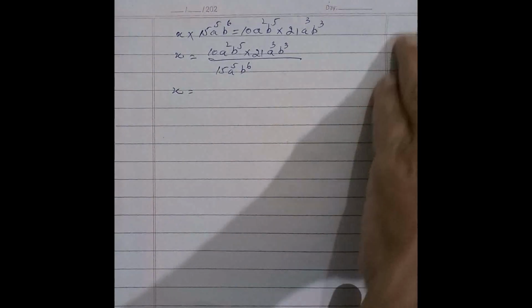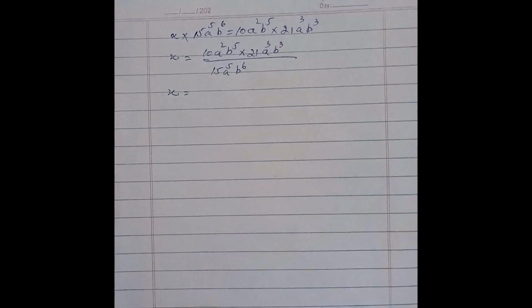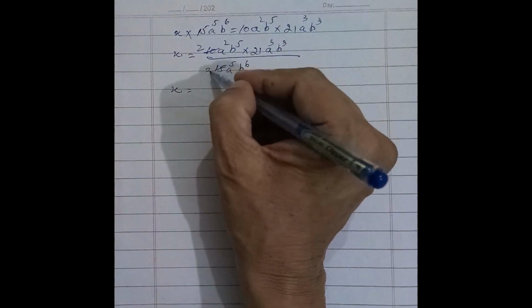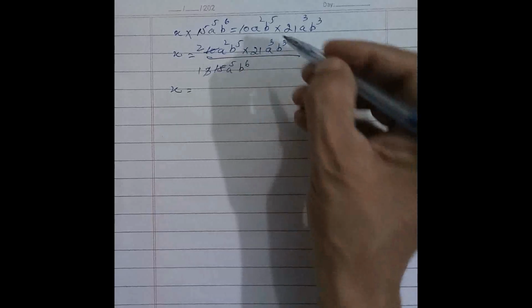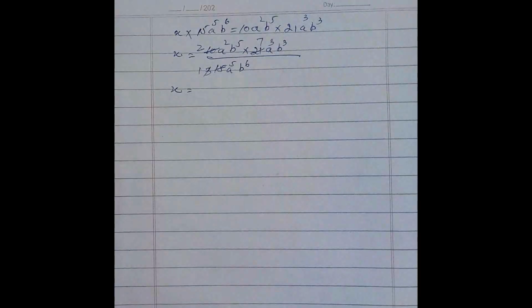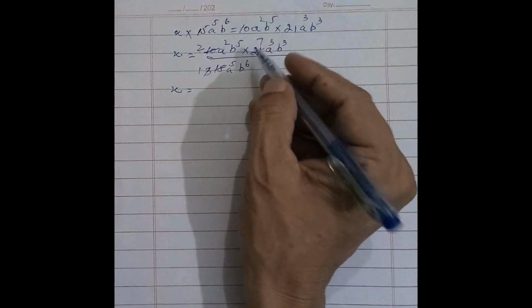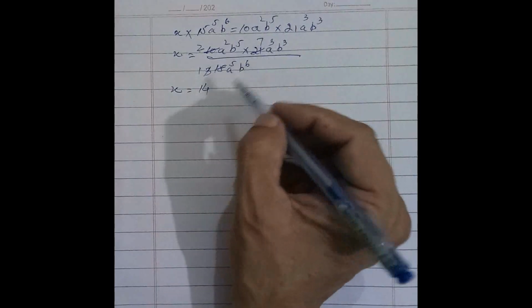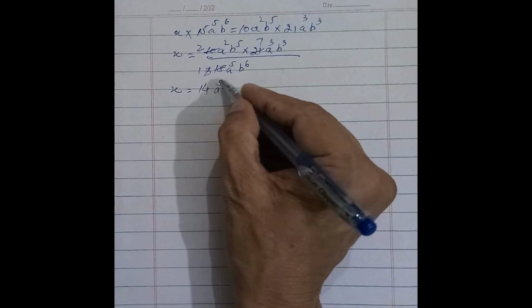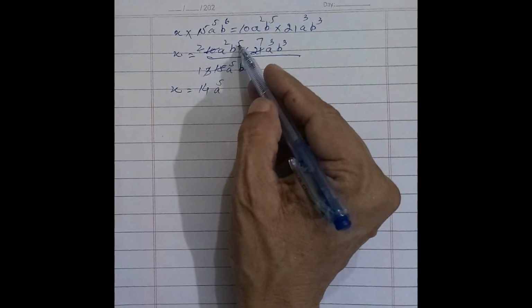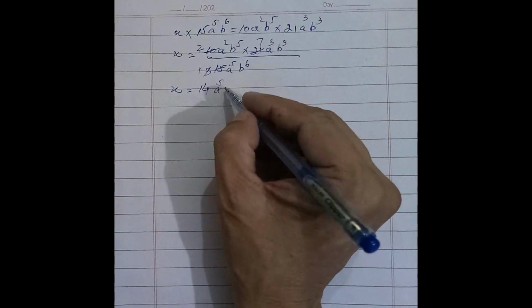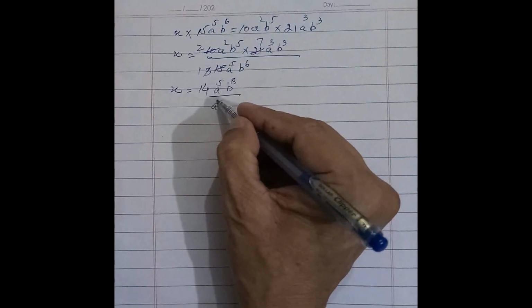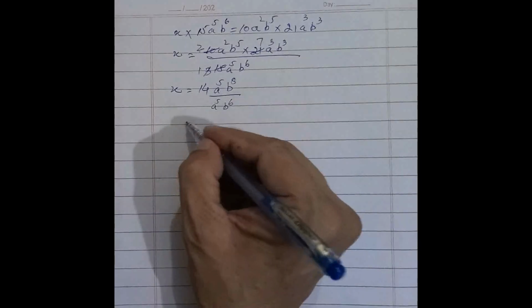And then we simplify these values. 5 2s are 10, 5 3s are 15, 3 1s are 3, 3 7s are 21. So here 2 7s are 14, a is power 2, a is power 3, we get a is power 5, and second b is power 5 plus b is power 3, we get b is power 8 over a is power 5 b is power 6.